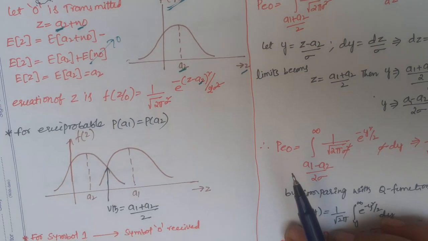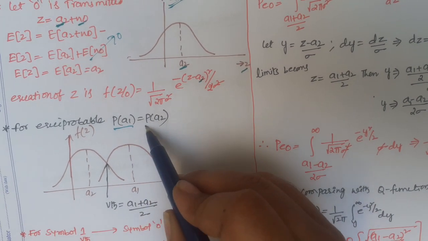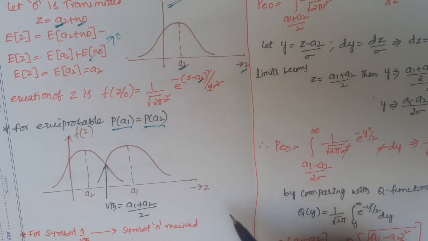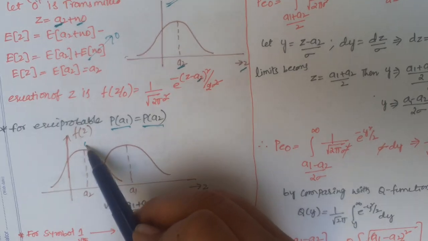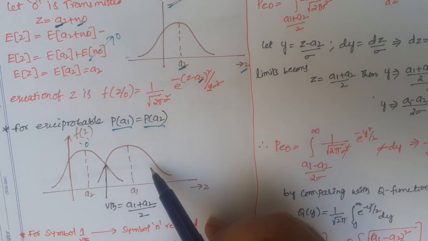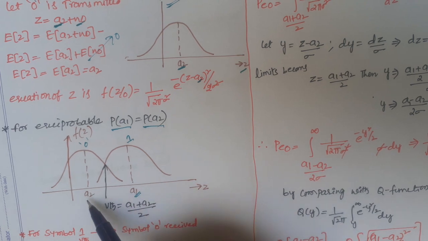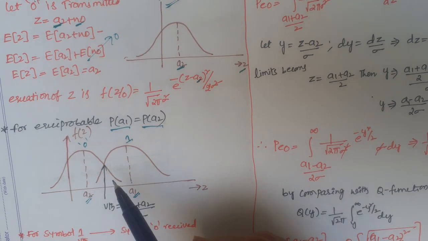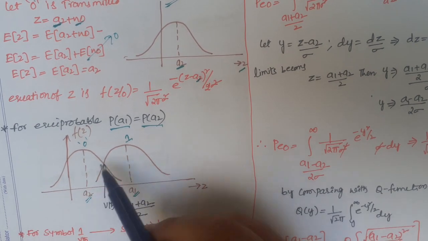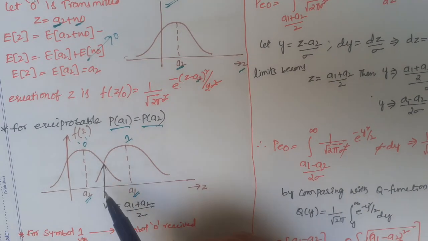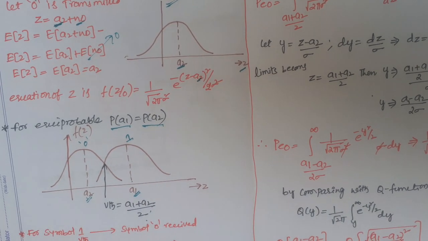Now if you see the equiprobable case, the probability of bit 1 is equal to the probability of bit 0. This is the probability distribution function of bit 0, and this is the probability distribution function of bit 1. Here its mean is A1, and for bit 0 the mean is A2. The threshold level is the average of these two, that is (A1 plus A2) by 2. This is my threshold voltage.